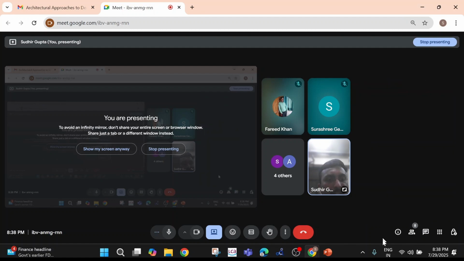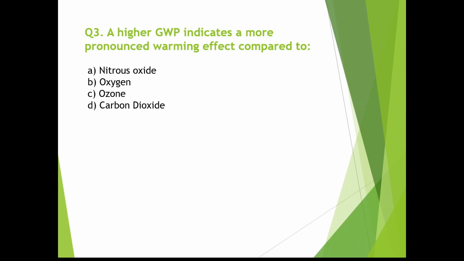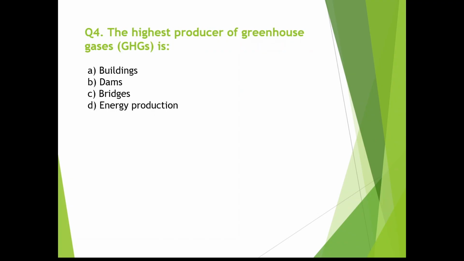So here is the next question for all of you, question number 4 of the previous year assignment. The highest producer of greenhouse gases is... Try to give an answer to this question.